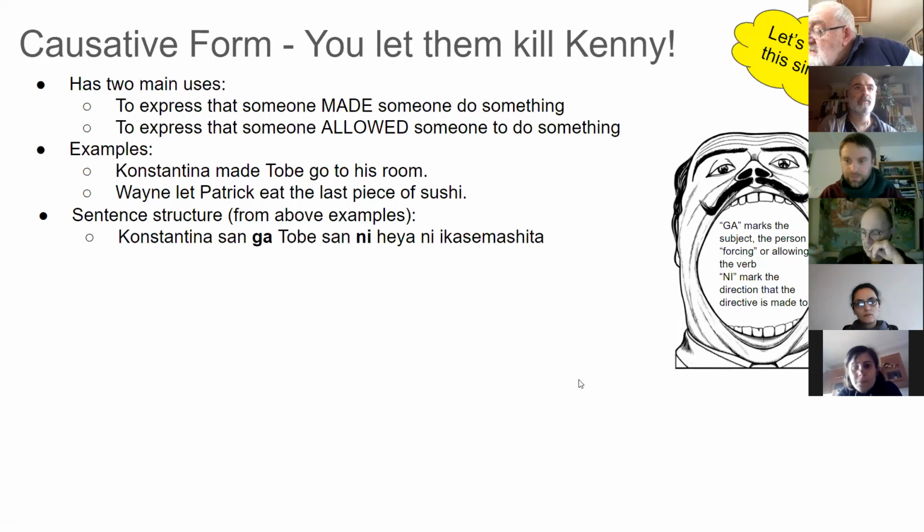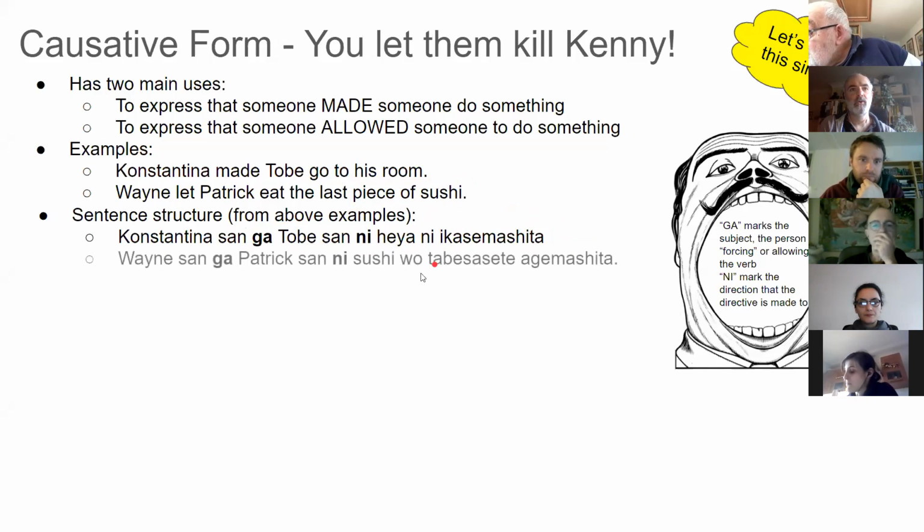For example, in this one above, Konstantina made Tobe go to his room. We would say Konstantina-san ga, Tobe-san ni, heya ni, and then we've got this conjugation, which I'll explain in a second. A conjugated verb with a causative form. Or Wayne-san ga, Patrick-san ni sushi o tabe sasete agemashita.